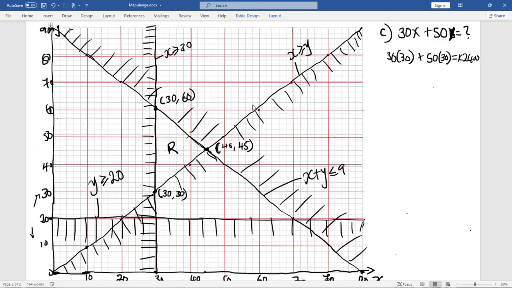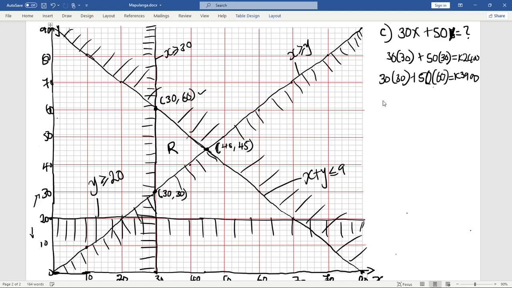Then the next part, we go to these coordinates there. We have 30 multiplied by 30 plus 50 multiplied by 60. So this gives us 3,900.